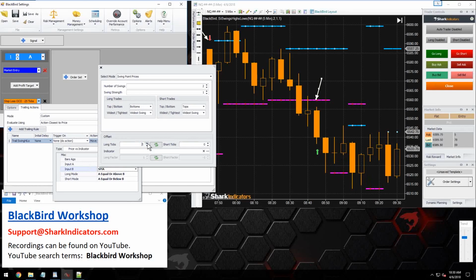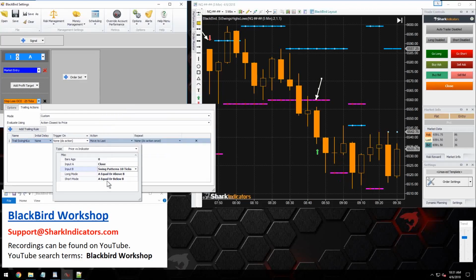So how about we'll just say 10 ticks, just as an arbitrary number here, but definitely figure out, depending on the volatility of your instrument, what kind of an offset would be safe to use in your trading situation. What this does is it takes the indicator swing low and adds a positive 10 ticks to it.